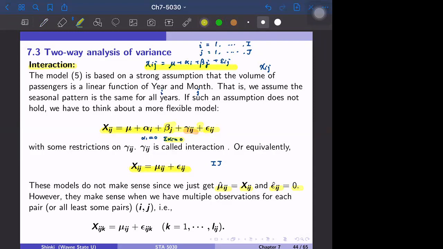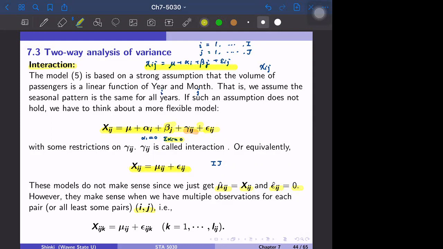But this model makes sense if we have multiple observations for each pair of the factors. For example, we have year and month, but suppose that we have 2 or 3 countries, then we have 2 or 3 observations for each year and month, or maybe we have 50 states.